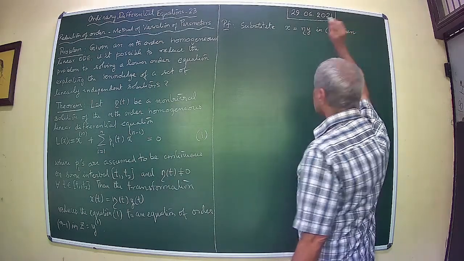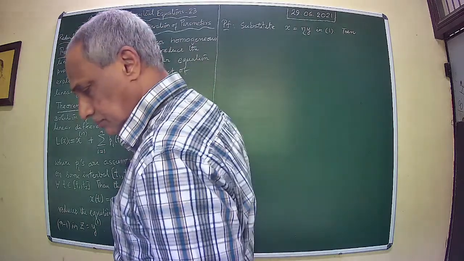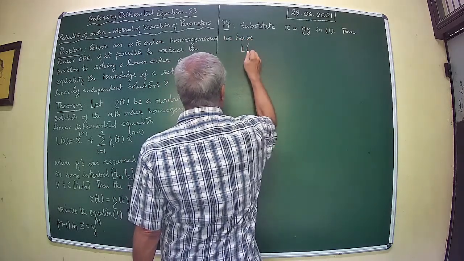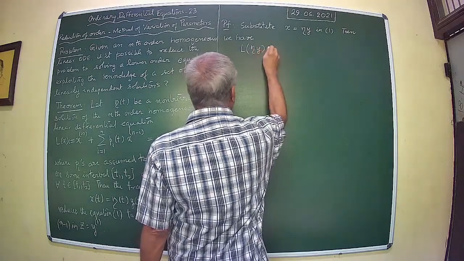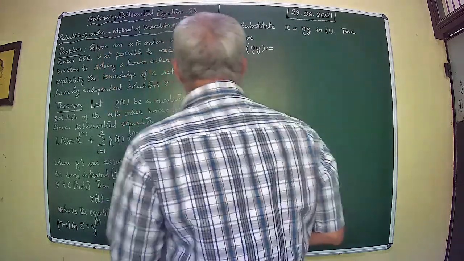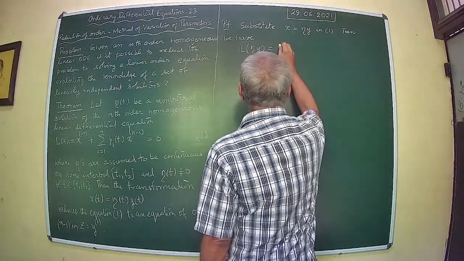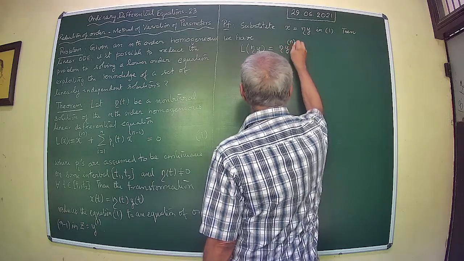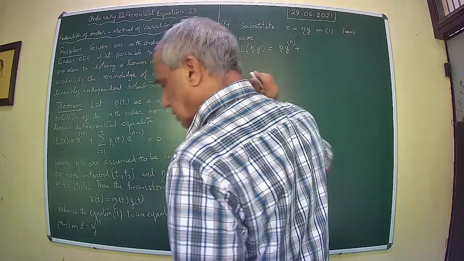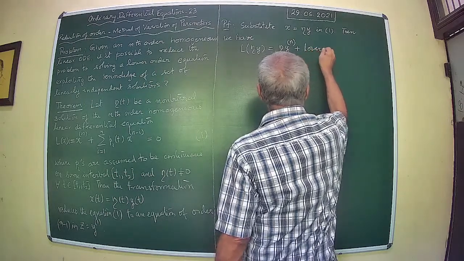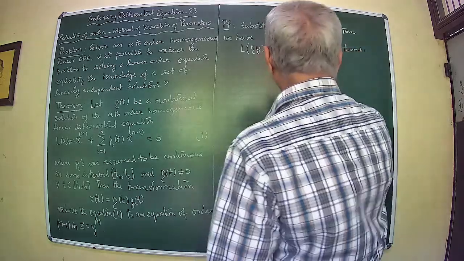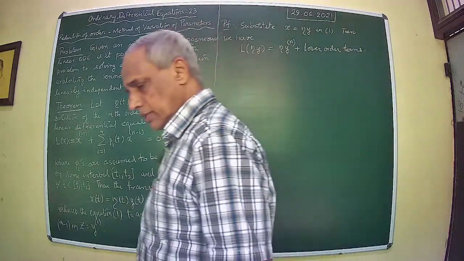Then we have the following: the derivatives of eta y equal to eta y derivative plus lower order terms. And that's quite easy to verify. Okay.